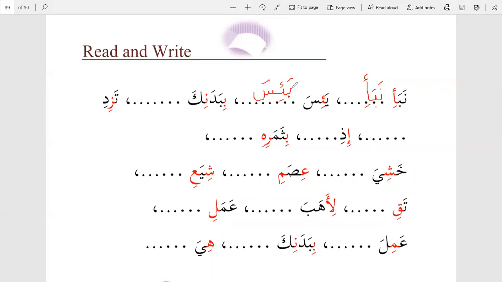So this word, we pronounce it as ya, e, sa. Moving on to the next word.